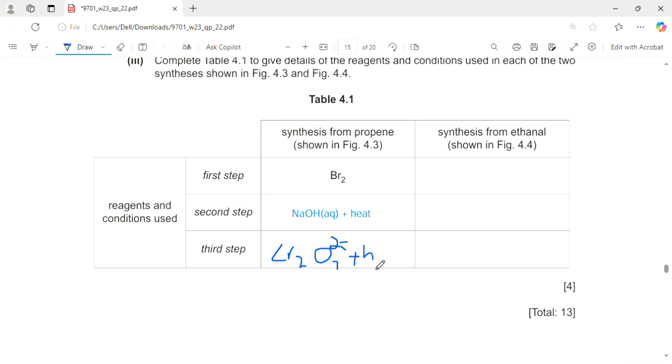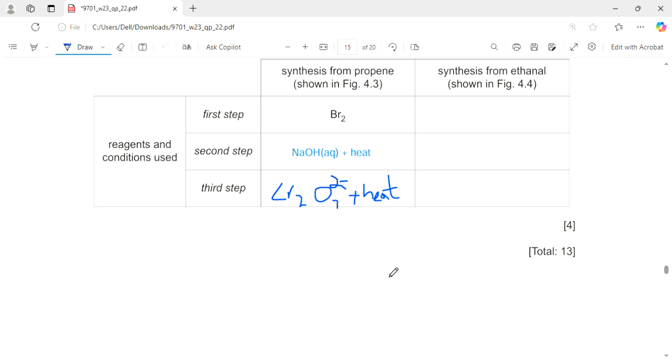I'm writing here because we have less space, under reflux.